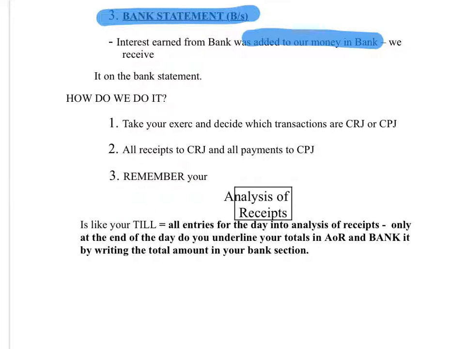All entries of the day will go into your analysis of receipts and then also of course in the account showing you what you have used it for. Then at the end of the day you're going to underline your totals in the analysis of receipts and then bank the whole amount by writing the total amount in your bank section.